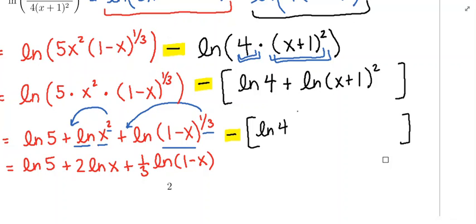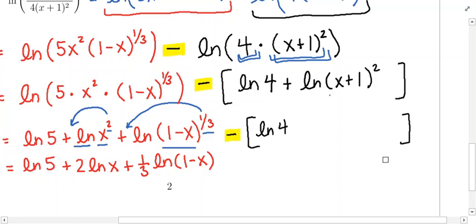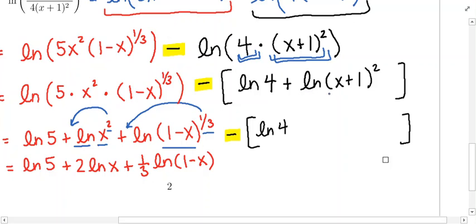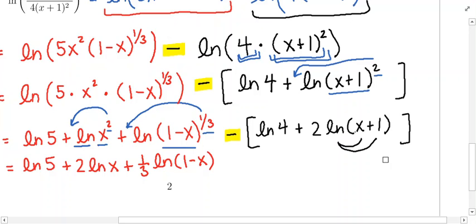But when I look at the second logarithm here, I've got the logarithm of something to a power. So this power can come down in front. Okay, so this is going to be plus 2 times the natural log of x plus 1. Again, you cannot distribute the logarithm here, so you're going to have to leave it like it is.